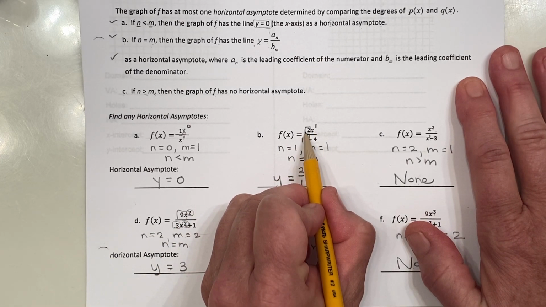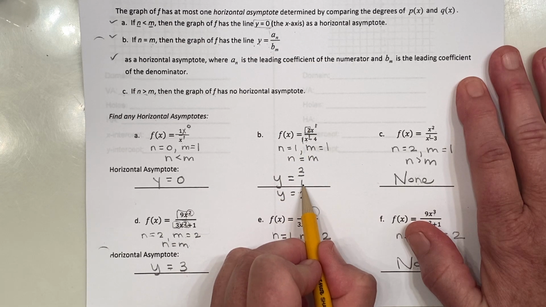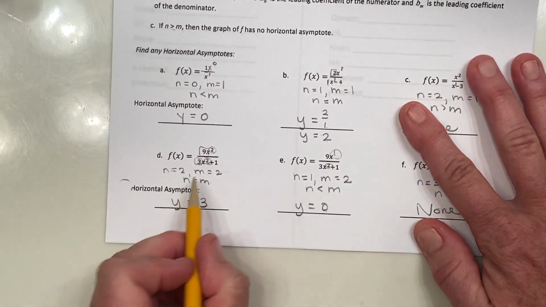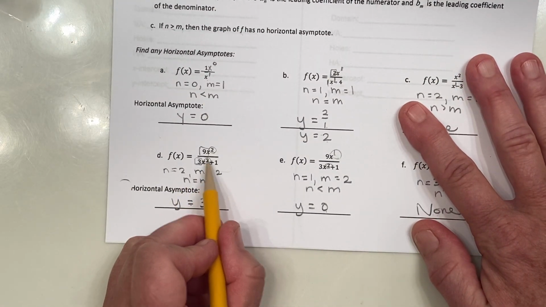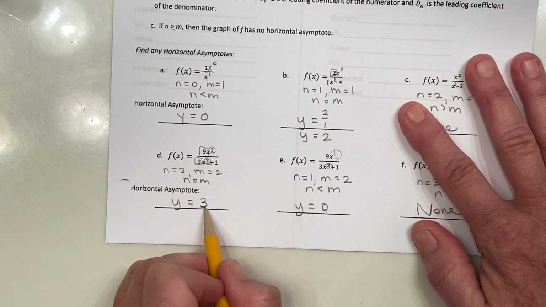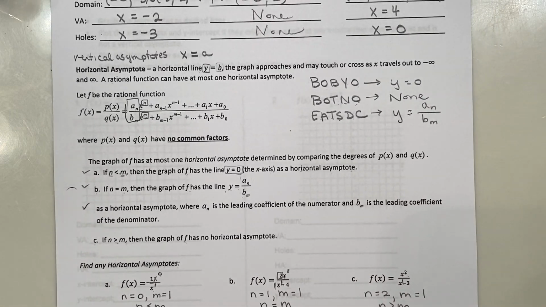So we looked in front of those variable x's and we divided the 2 and the 1, and we got a horizontal asymptote of 2. Exponents are the same here, 2 and 2. We divided the coefficients, 9 and 3, and we got a horizontal asymptote of y equals 3. So hopefully that little acronym might help you when you have to memorize how to get any horizontal asymptotes that a rational function might have.